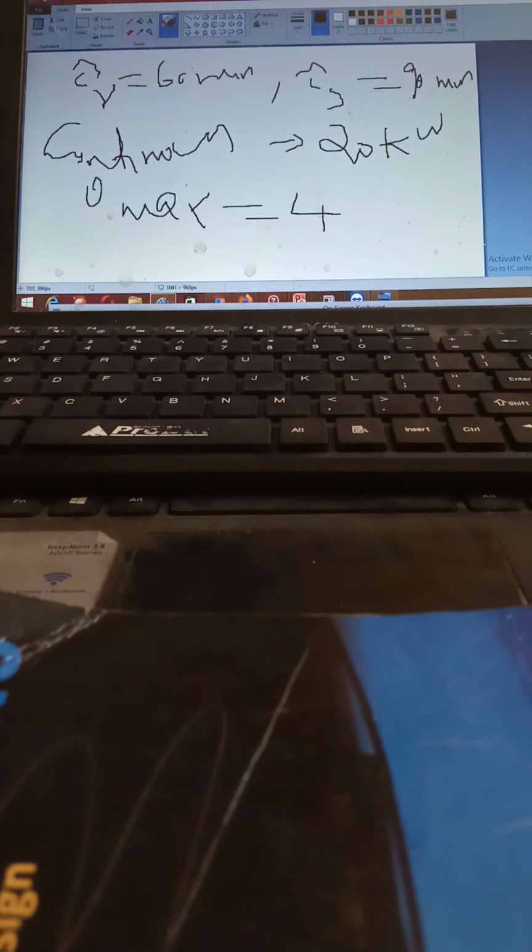When run continuously, continuous rating is given. It is 20 kilowatt. So continuous 20 kilowatt means short time, and intermittent time it can be overloaded by a factor of K. Final temperature, that means theta max, is 40 degrees Celsius.